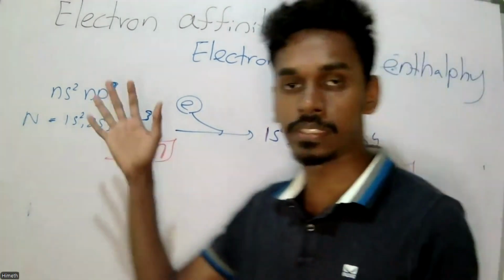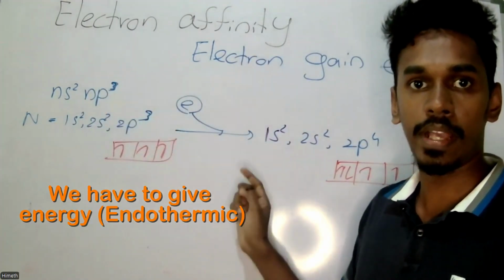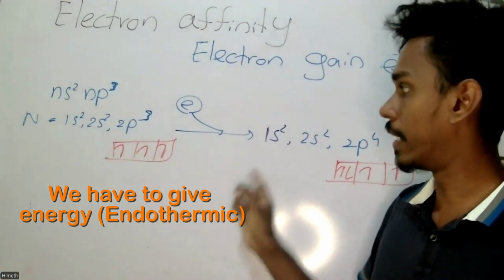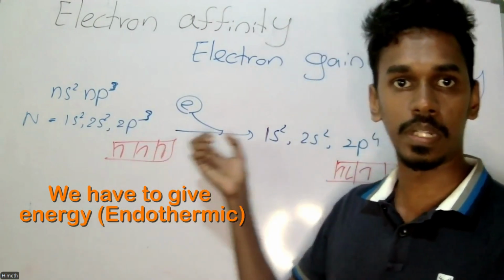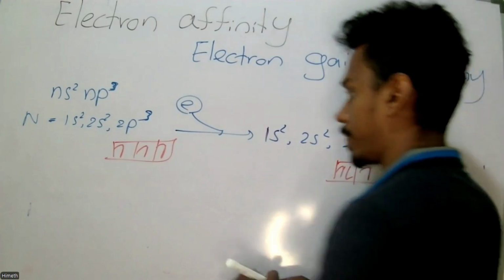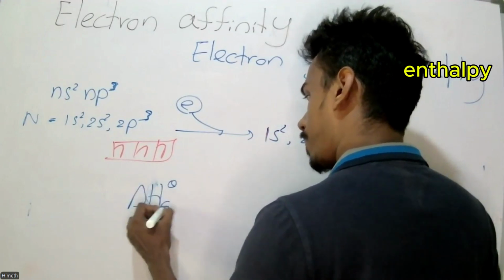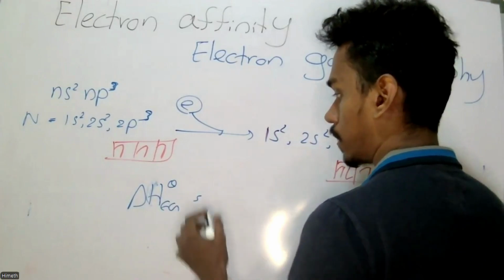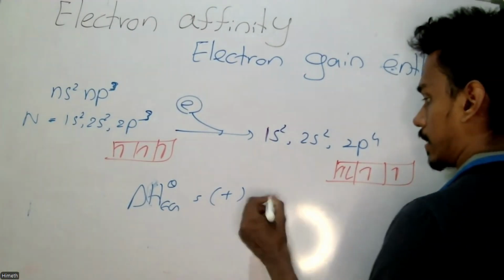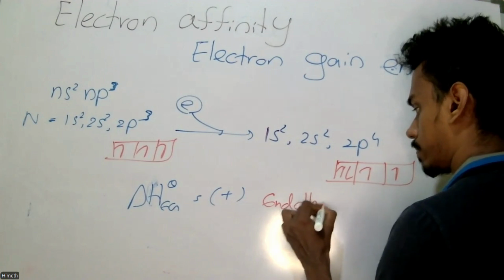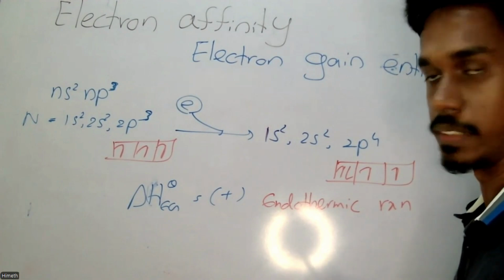Since it moves from a stable to an unstable electron configuration, the electron gain enthalpy should also be an endothermic reaction, with a positive enthalpy value.